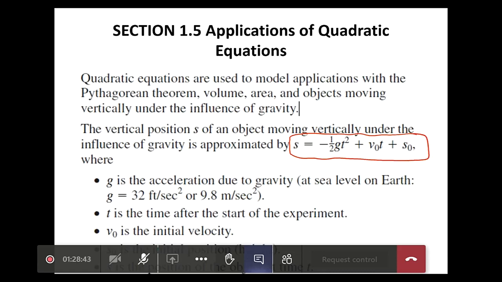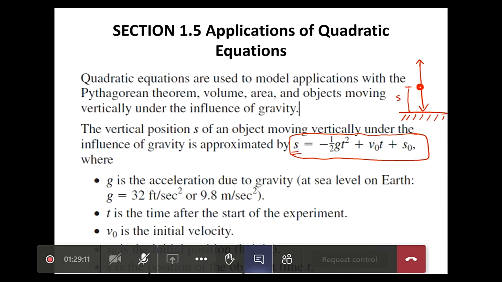What's the meaning of the s? This is the vertical position. Position for what? For an object moving vertically from the ground. And s is the distance between the ground and the object, this one, s.